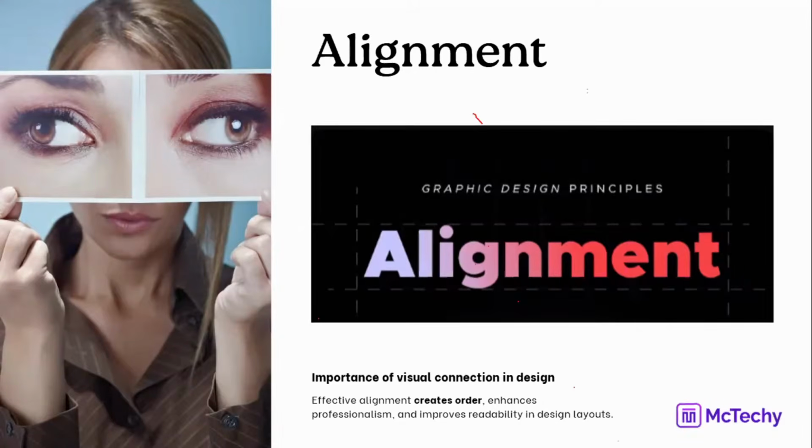In some cases, the designer wants you to see the call to action, so they might deliberately move it away from the side where everything is aligned. But at that same spot there will be an element that aligns with everything else and points or directs you to where the call to action button is.